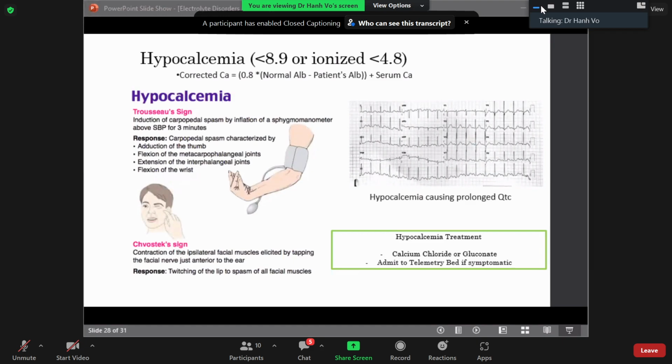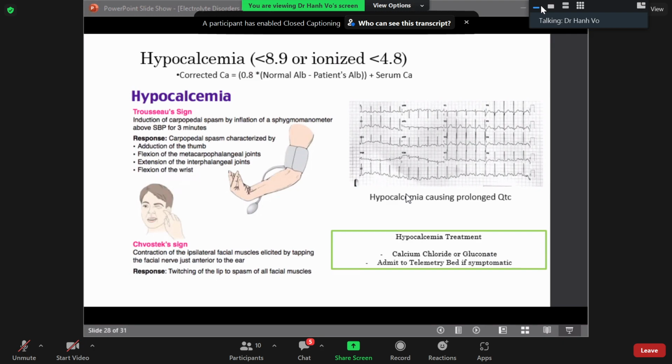In the patient with hypocalcemia, we can examine and find the Trousseau sign: carpal spasm after the blood pressure cuff is inflated to 20 millimeters of mercury above the systolic blood pressure for 2 minutes, and you can see the hand of the patient like that.